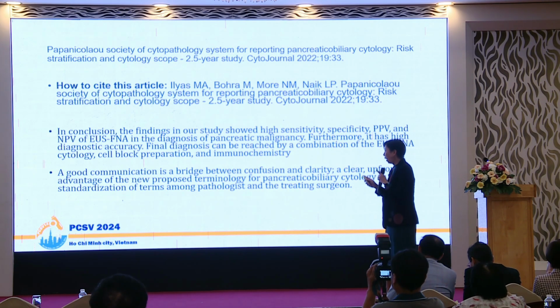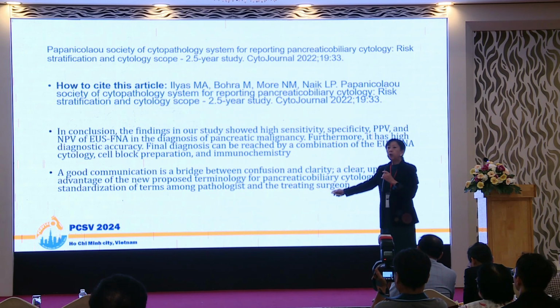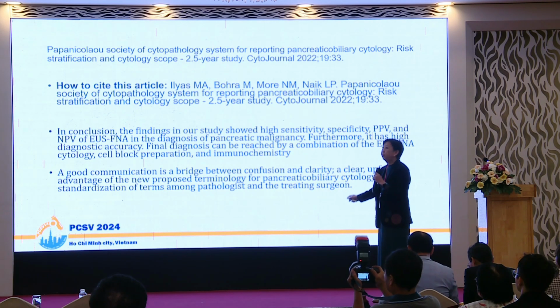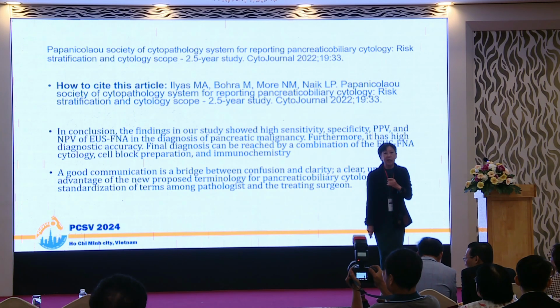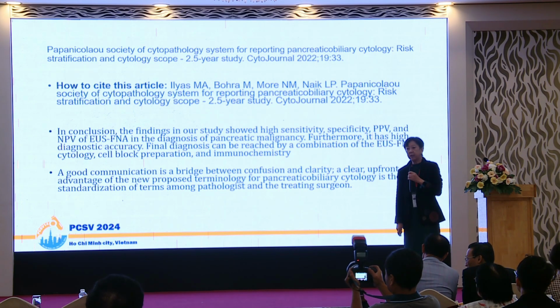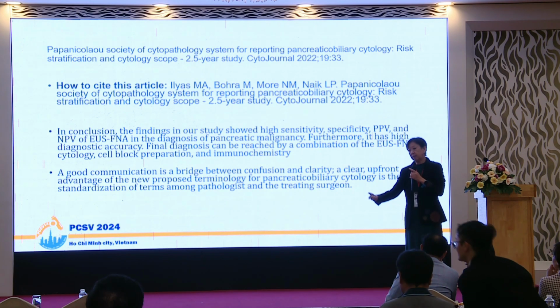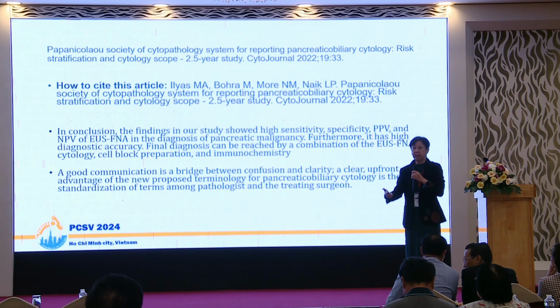But I would like to point out that at the bottom of all this, good communication is the bridge between confusion and clarity. So whereas previously, for instance, only in the breast did we emphasize the triple approach. The clinical diagnosis, the radiology, and the cytology have to match before you do anything, before you enact.